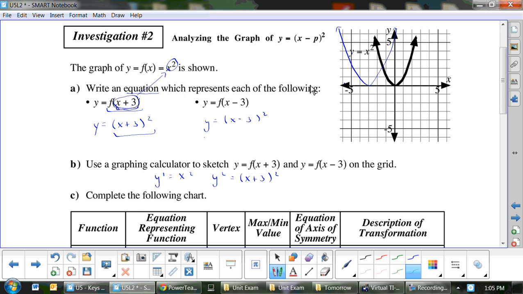So one thing you'll notice is that in your textbook they write it like this, with (x minus p) squared. Always try to write this with a negative sign here. So you can write this like y is equal to (x minus negative 3) squared.